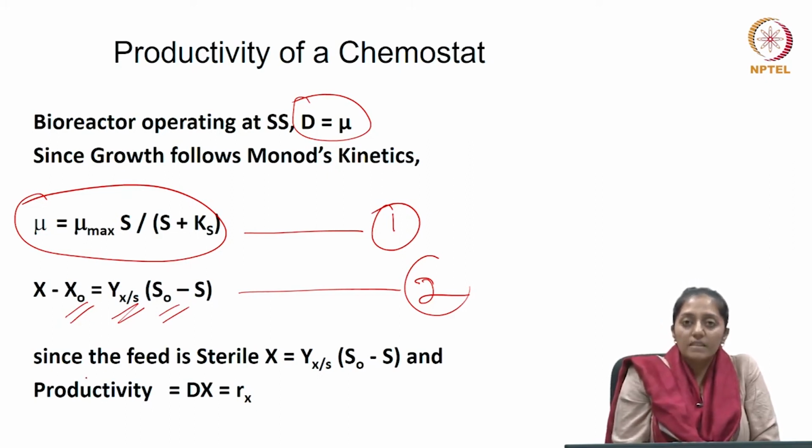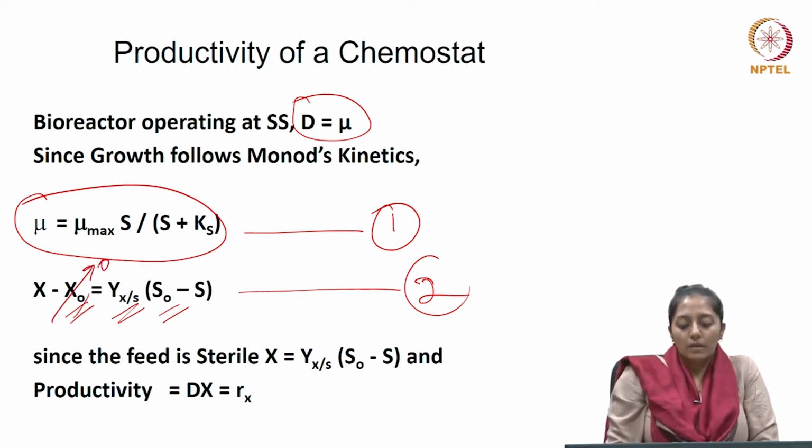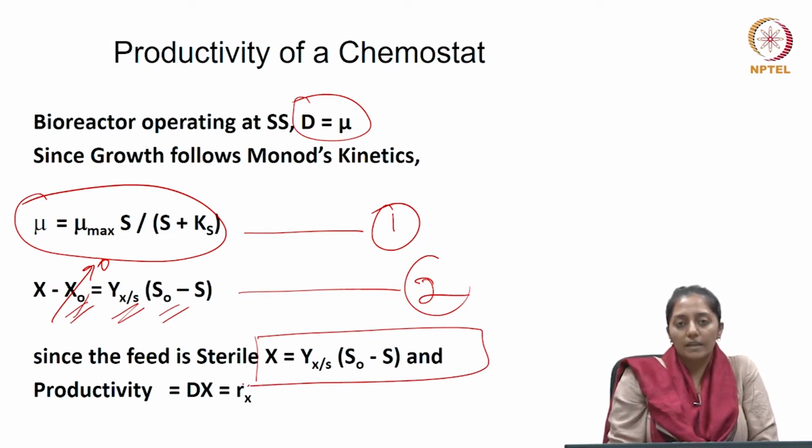As the feed is sterile, your x naught goes to 0 and therefore, your steady state biomass in a chemostat can be given as a function of the feed substrate concentration, steady state substrate concentration and the yield coefficient.